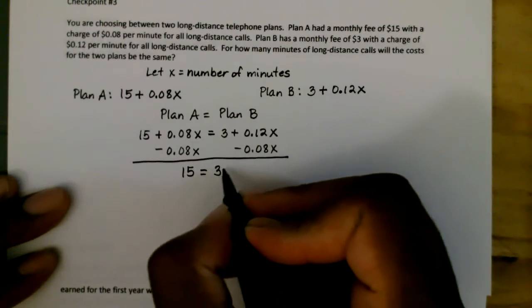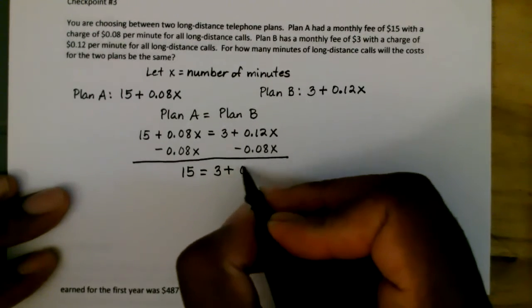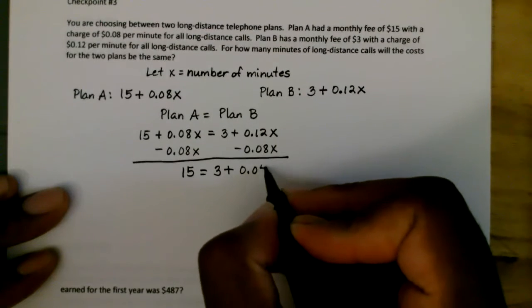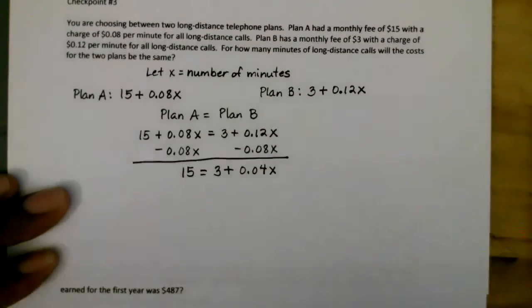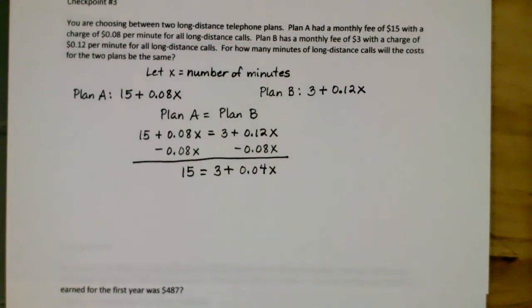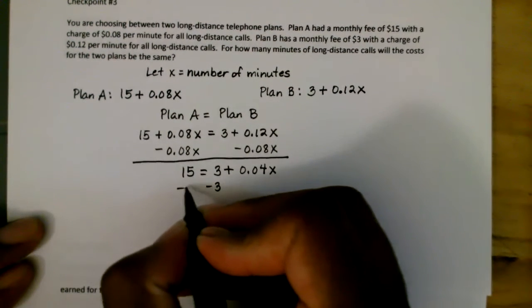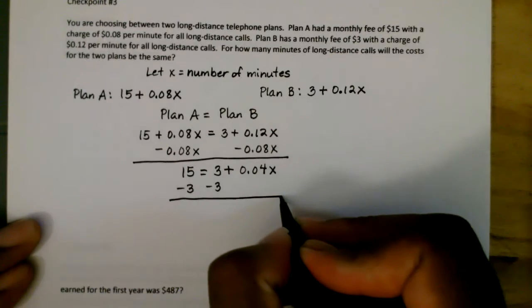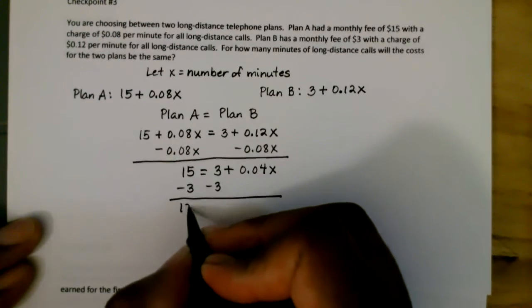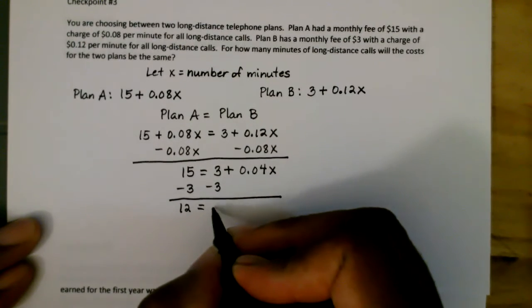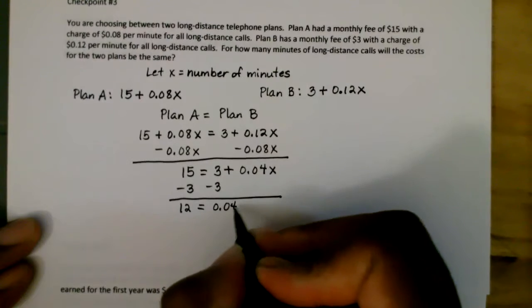That's equal to 3 plus 0.04x. And now I need to get 0.04x by itself. So I'm adding 3, I need to subtract 3 on both sides. So here I'm going to have 12, and that's equal to 0.04x.